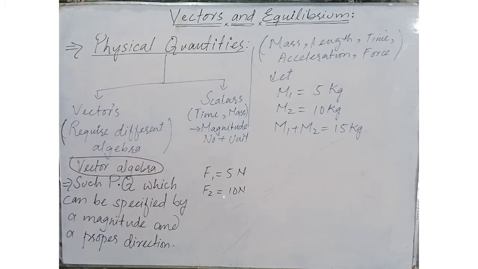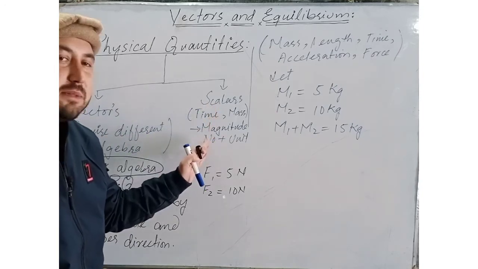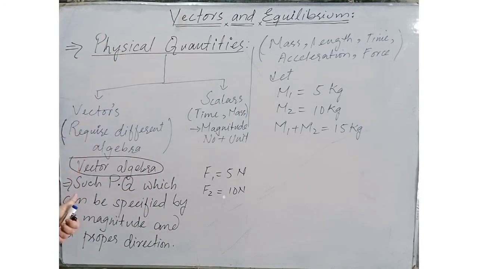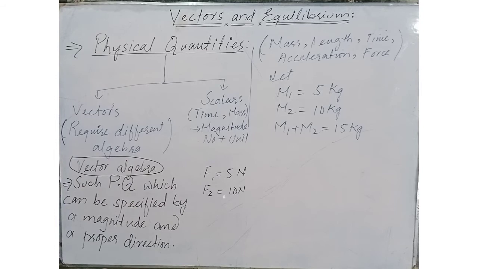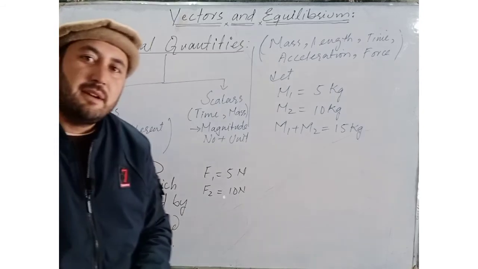Okay, so thus physical quantities have two further categories, vectors and scalars. Scalars are such quantities which can be specified by magnitude only, and vectors are those quantities which can be specified using a magnitude and a direction. Right, so next we will discuss how we can represent vector quantities.